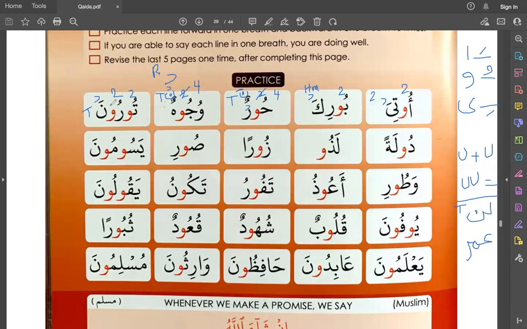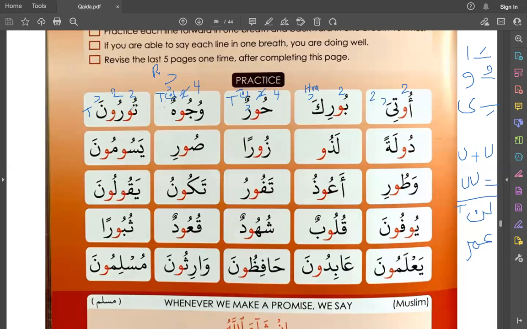And second thing, if you find a two counts long vowel followed by this temporary sukoon, you will change this two counts long vowel into four counts long, and that is called mad arid lisukun. So this will be turun.